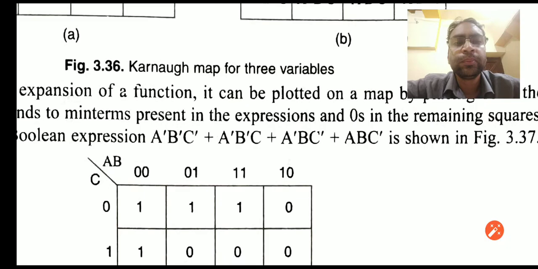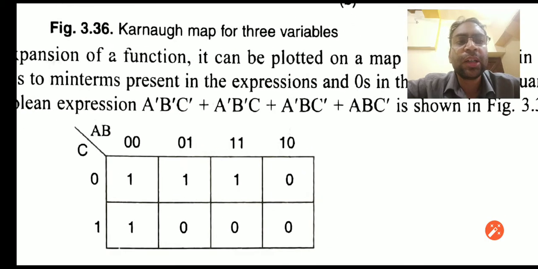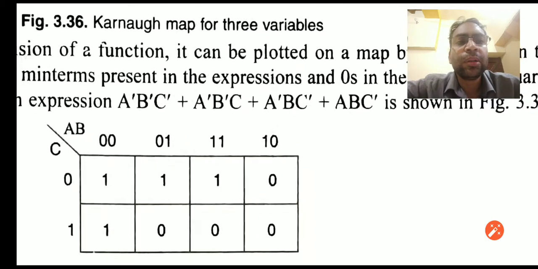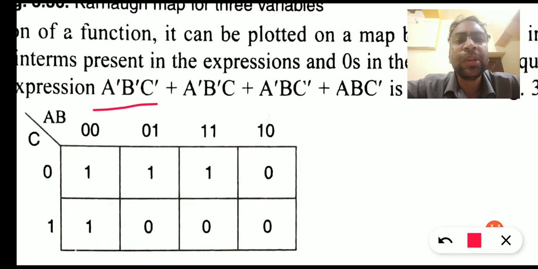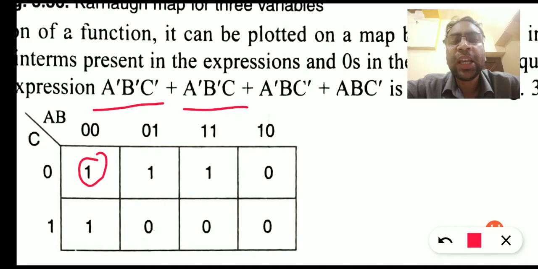expressions. So let's see an example: if we have this expression, how will the K-map be represented? We have a bar, b bar, c bar, obviously, so we have a 1 here. Then we have a bar, b bar and c, so we have a 1 here.